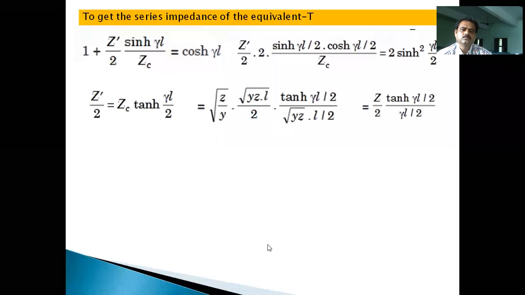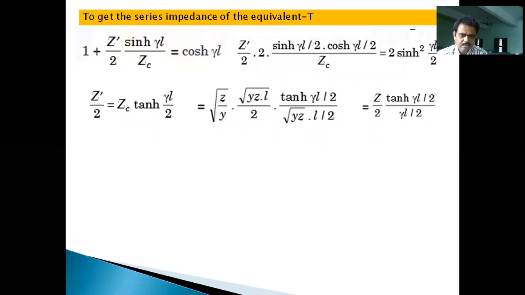Now again rearranging the terms, cancel the sinh gamma L by 2 and taking cosh gamma L by 2 to the right side, it becomes Zc into tanh gamma L by 2.